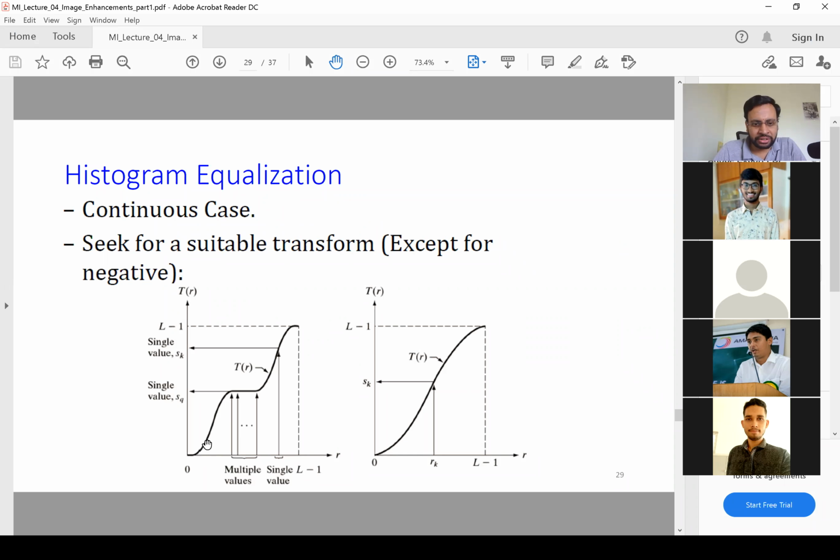This is your input intensities, and these are output intensities. This curve is giving you the mapping, right? Is it strictly monotonous or just monotonous? Just monotonous.